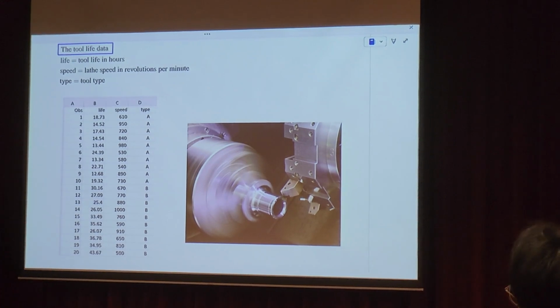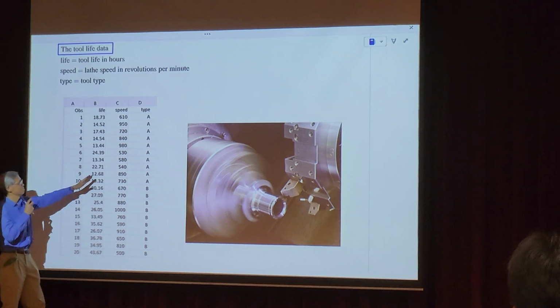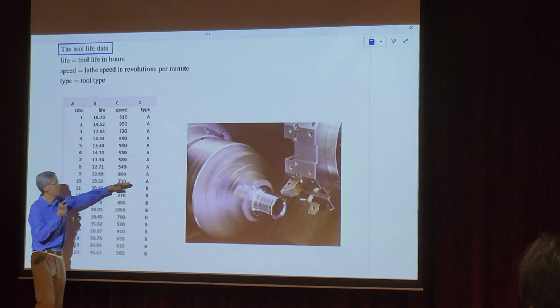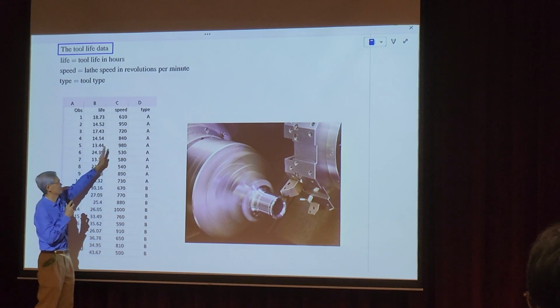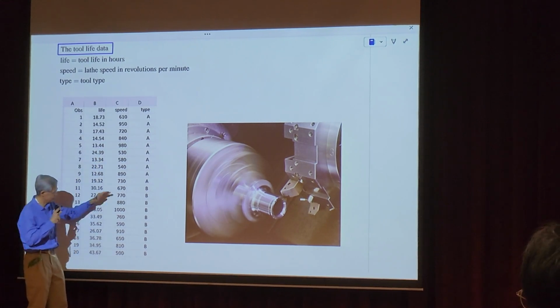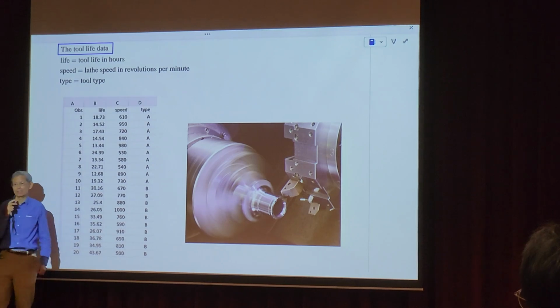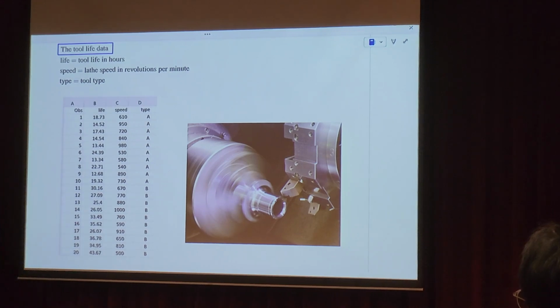So we don't know, and we can do a test. For each type, you vary the speed, and then you collect the two lines. You perform the experiment until the tool is finished. There's some definition for a lifetime, say it doesn't work anymore. That's the life.